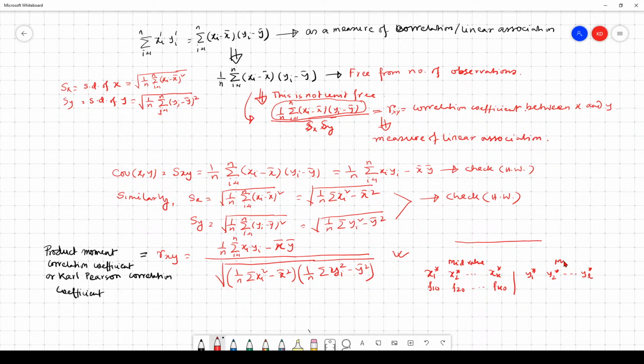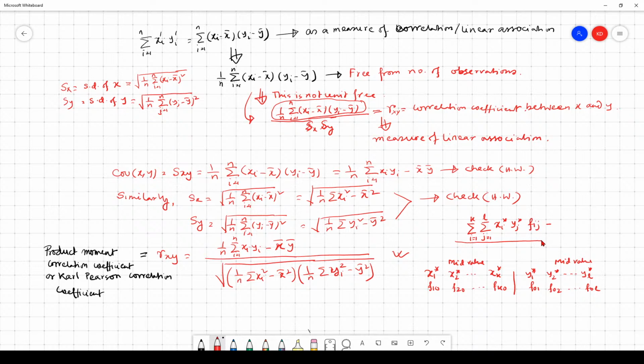These are the mid values of y, and these are the corresponding marginal frequencies. Then the product moment correlation coefficient for grouped data is equal to the sum over i from 1 to k, j from 1 to L, of xi star, yj star, fij.